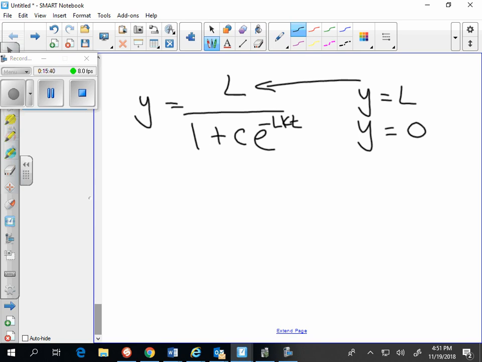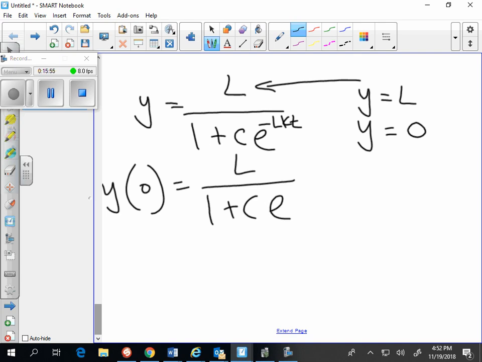Okay, next. What about a y-intercept? Well, I know to find a y-intercept, I plug a 0 in for the input. The input in this problem is time. So we've got L over 1 plus C e to the, I put a 0 here. 0 times stuff is just going to be 0.